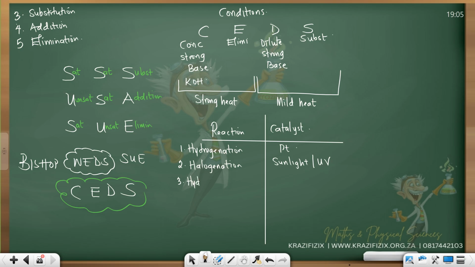Number 3, hydrohalogenation. Here, I must have no water. Number 4, hydration. And hydration is simply from alkenes to alcohols. What do I need? I need phosphoric acid plus excess water.